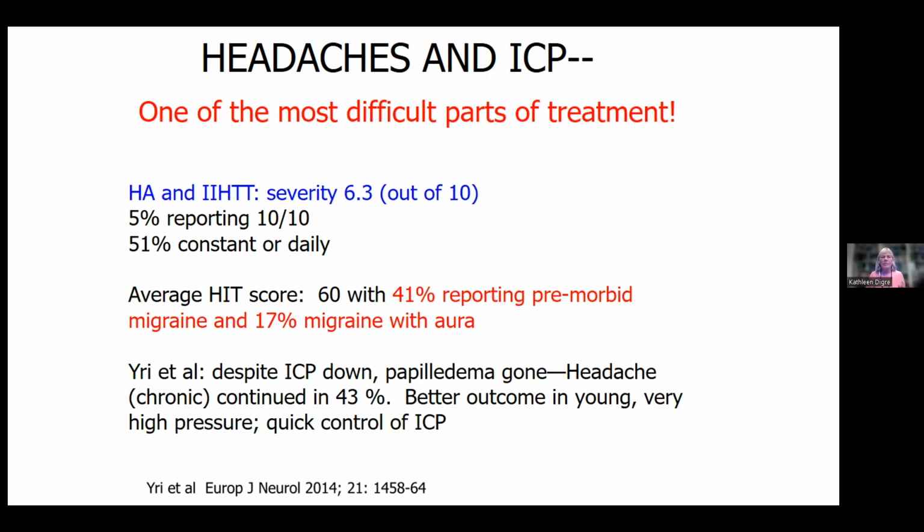They've got a lot of migraine. And we found that even if you get the papilledema gone, that swelling behind the eyes, the headache can be chronic in almost half of our people. We do know that it's a better outcome if you're young, if the pressure is really high, and we get quick control of the intracranial pressure.